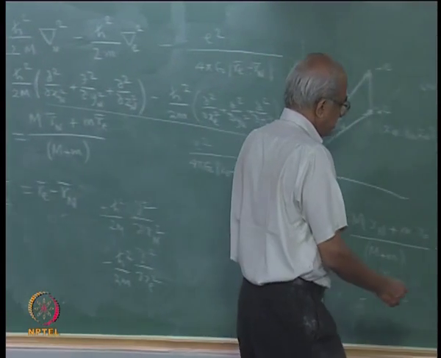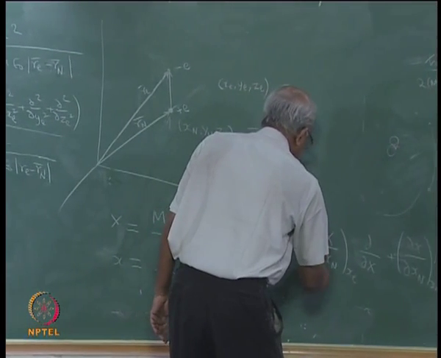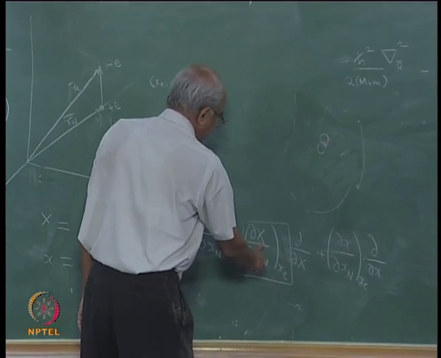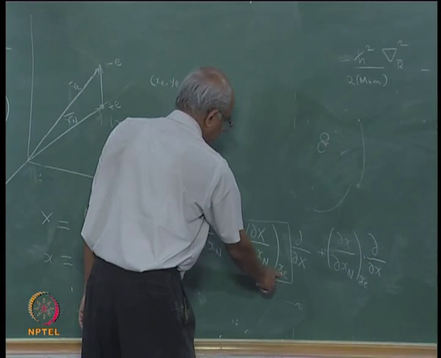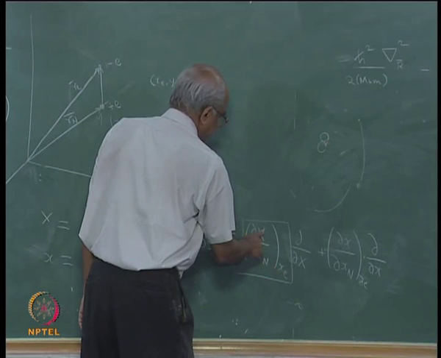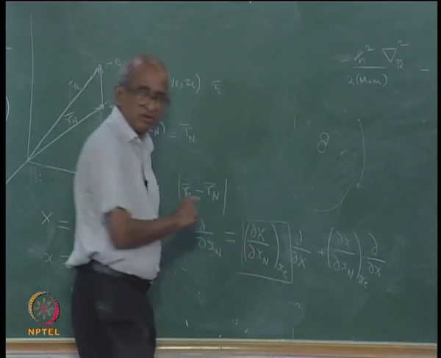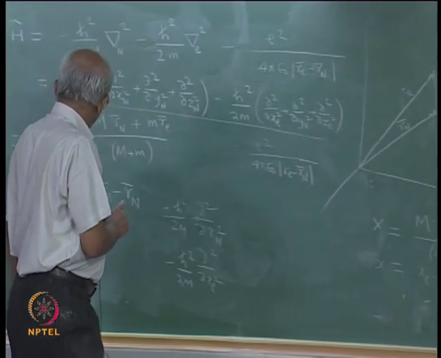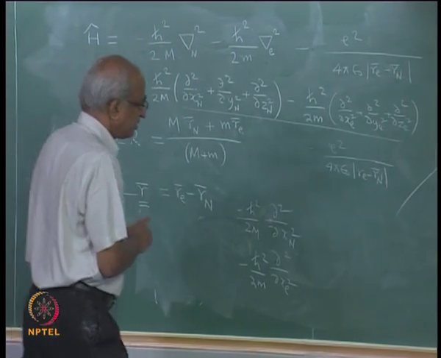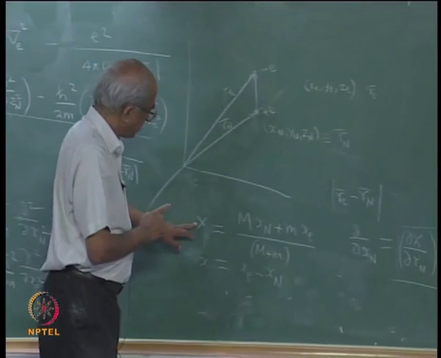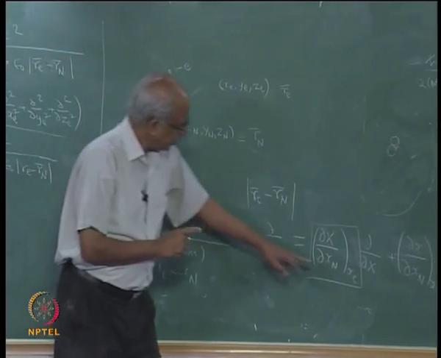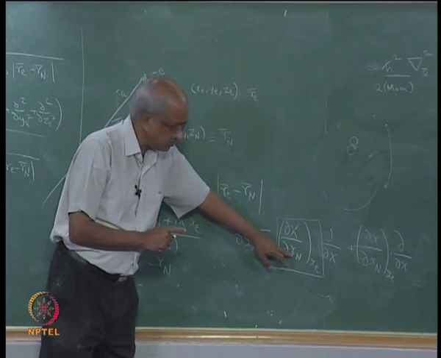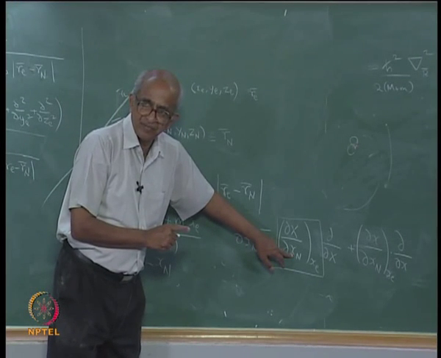So, the first question is, what is this? It says you have to keep x e constant and differentiate capital X with respect to x n. So, where is my expression for capital X? Here is capital X, you have to keep x e constant, so this term is going to be kept constant, and you differentiate with respect to x n.